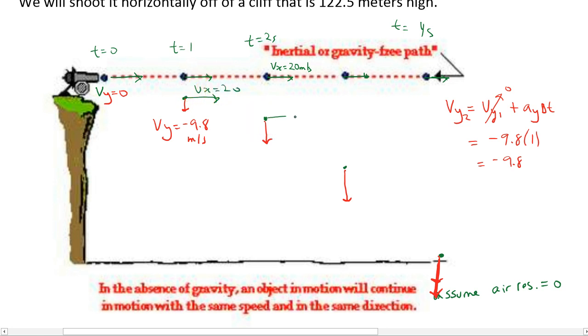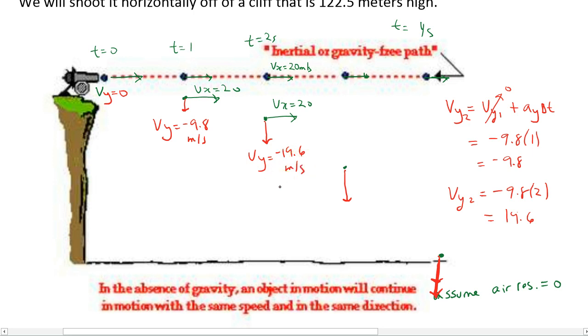Here, horizontally, it's still going 20. And now, vertically at this point, it's going to be going 2. If I did this again, Vy2 is going to be equal to negative 9.8 times 2. So that would be equal to, what is that, 19.6. So here it's going Vy equals negative 19.6 meters per second.